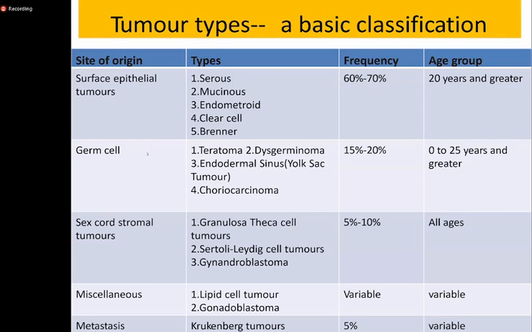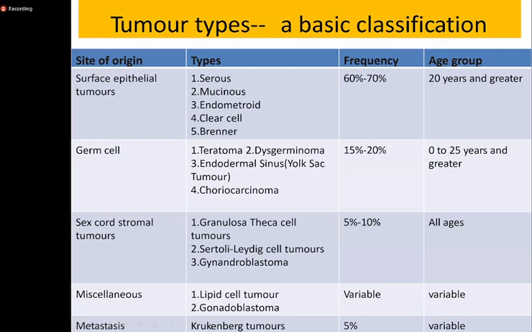The germ cell tumors are less frequent, about 20%, and they can start anywhere from early life all the way to later, older women.